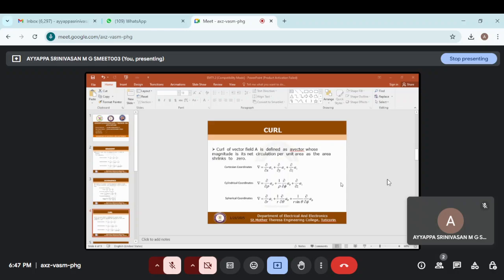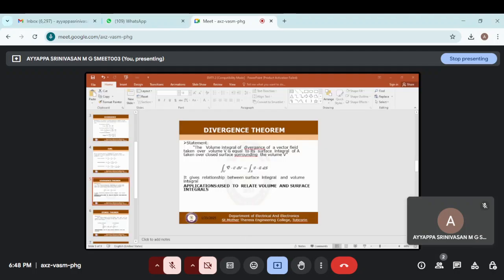So, we have seen three important properties: gradient, divergence and curl, right? So, now our attention is focused on the divergence theorem. Before that, you have to note one thing, that the divergence of a vector yields a scalar.